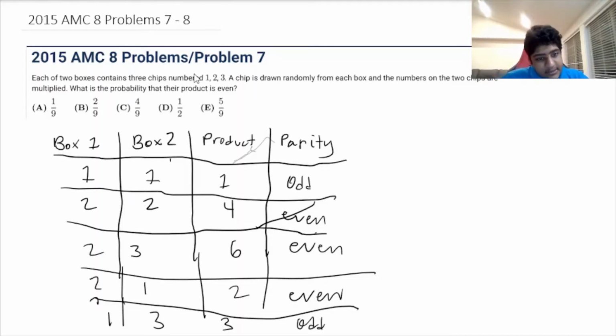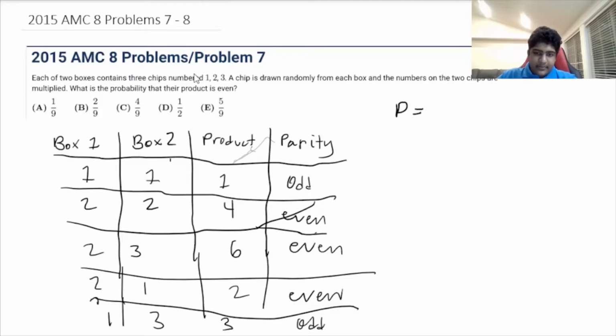In order to do this, we can use a method called complementary probability. Complementary probability is basically finding the probability of an event occurring by taking the probability that the event doesn't occur and subtracting it from 1. So let's say we have an event that has probability P occurring.